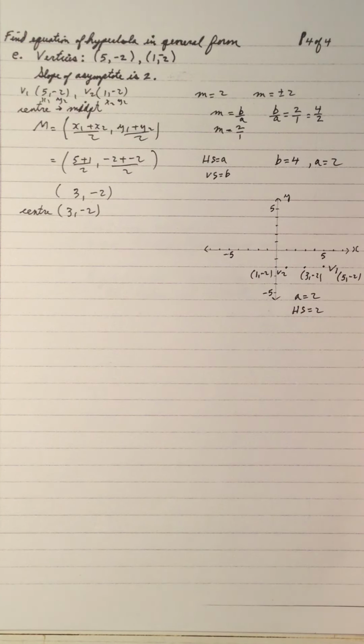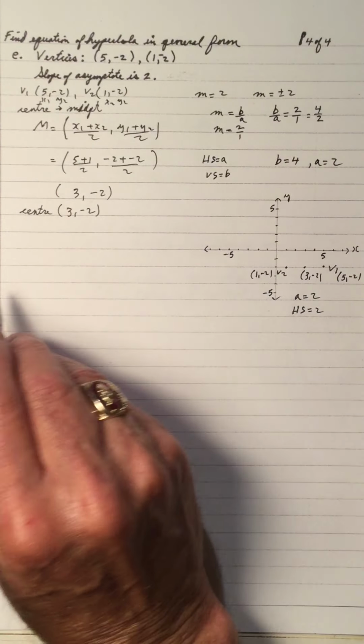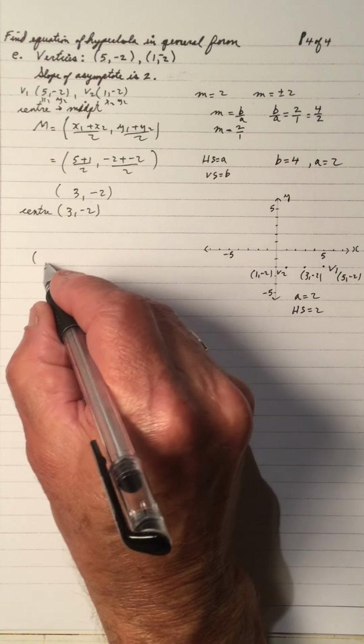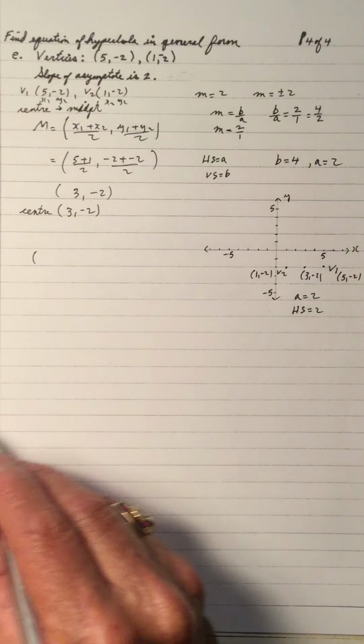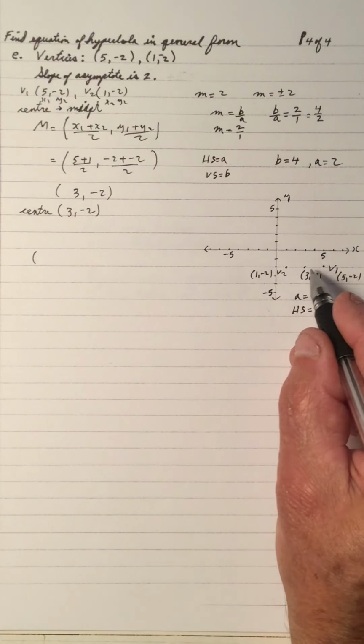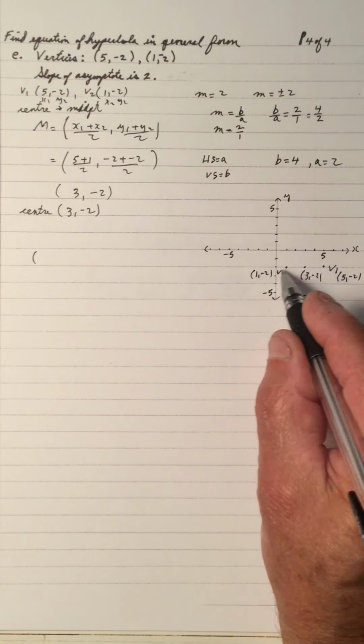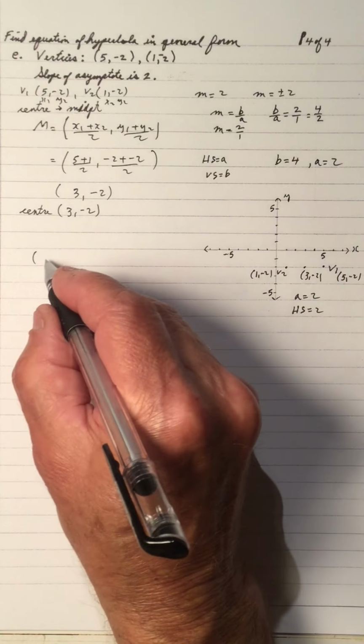So let's see what the equation is with this center. The transverse axis is horizontal, so the x is first.